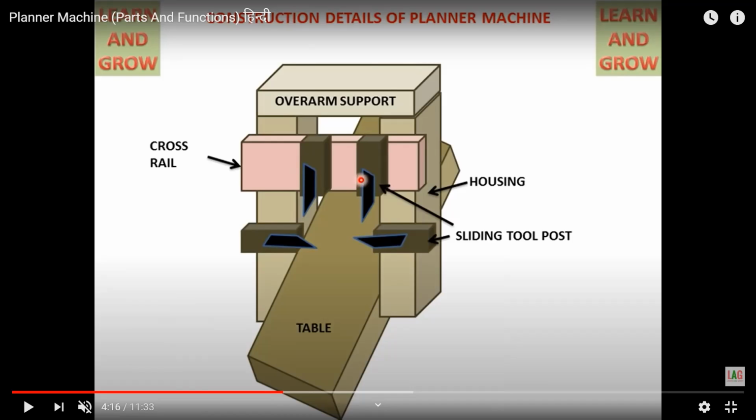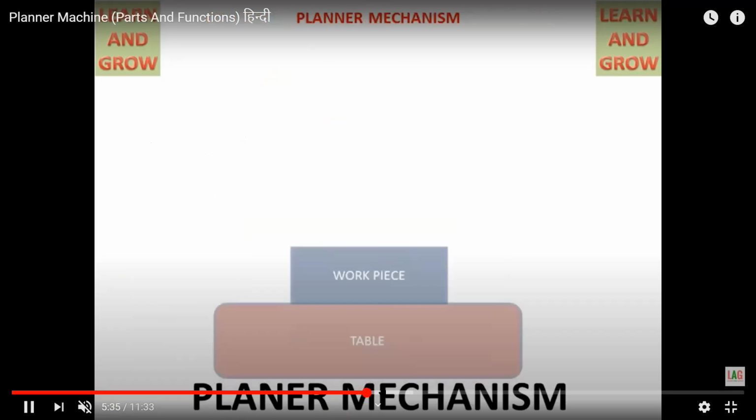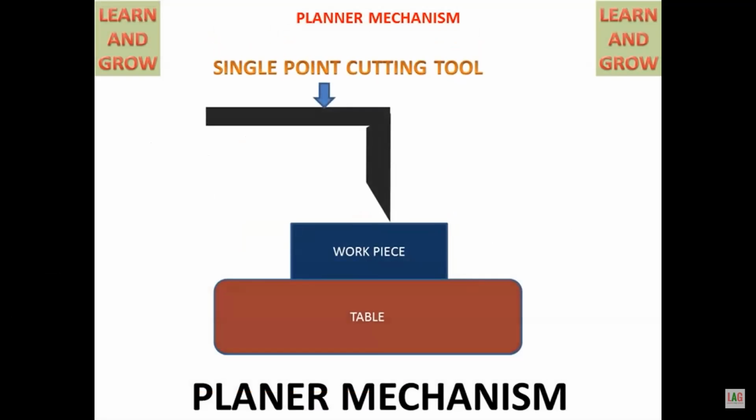Now, in order to understand the mechanism or the working procedure happening in a planar machine, we should understand it in detail. This is the work table, and on the work table we are having a workpiece, and the single point cutting tool comes in contact with the workpiece.